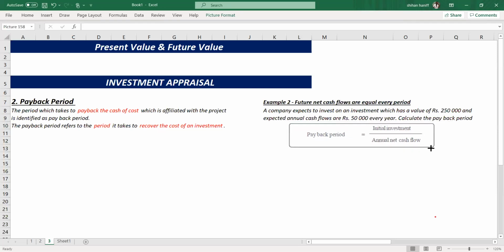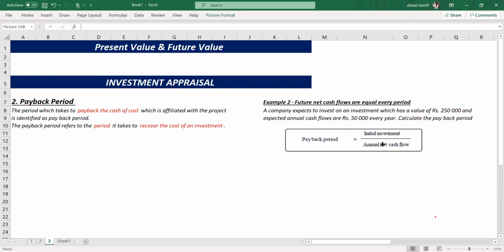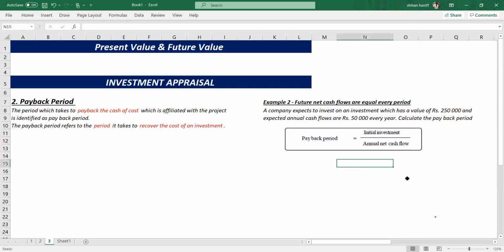You can use this equation if the amount is equal every year. If the amount is equal every year, we can use this equation.